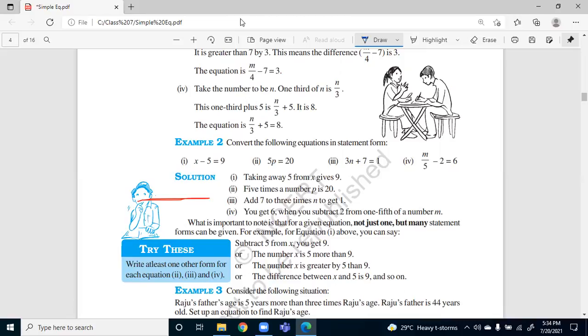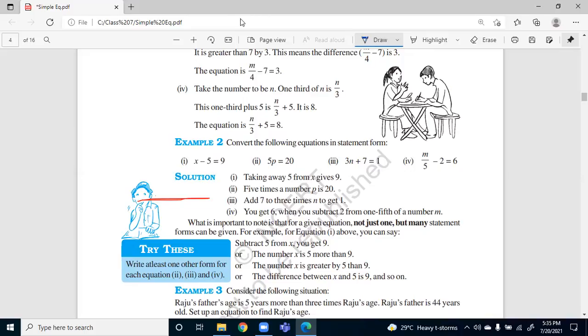Please write it. Then we will be doing the second part. Okay, so second is 5p is equal to 20.